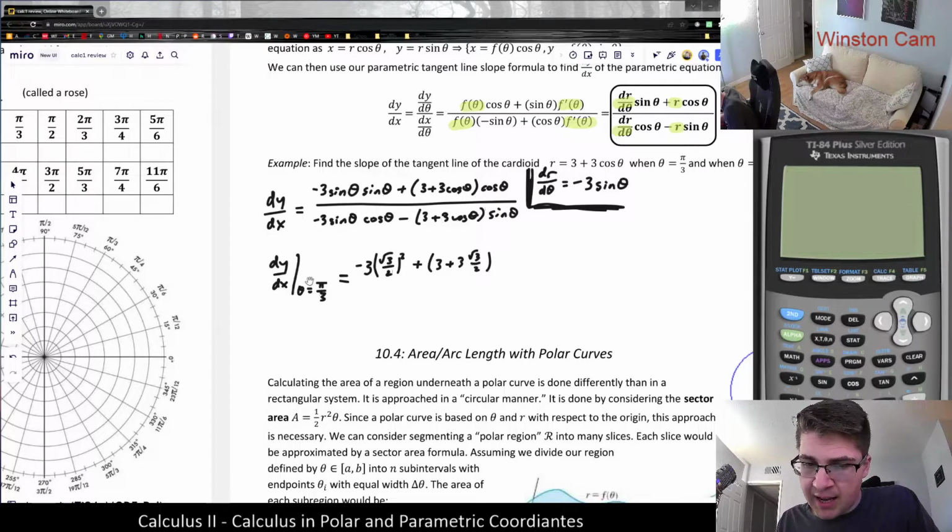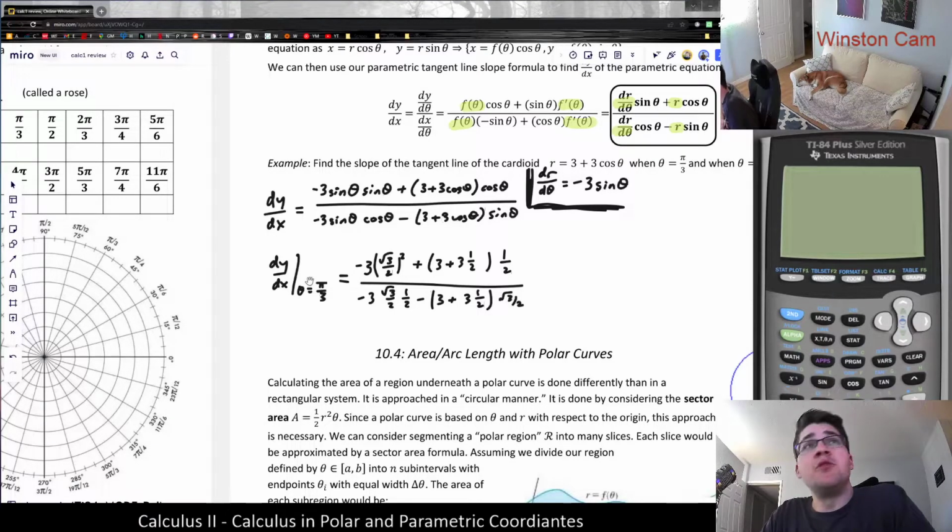Cosine theta is 1/2. Times the cosine of theta, which is also 1/2. And then all of this will be divided by negative 3 sine theta, root 3 over 2, times cosine theta, 1/2, minus 3 plus 3 times 1/2, all times the sine, which is root 3 over 2.